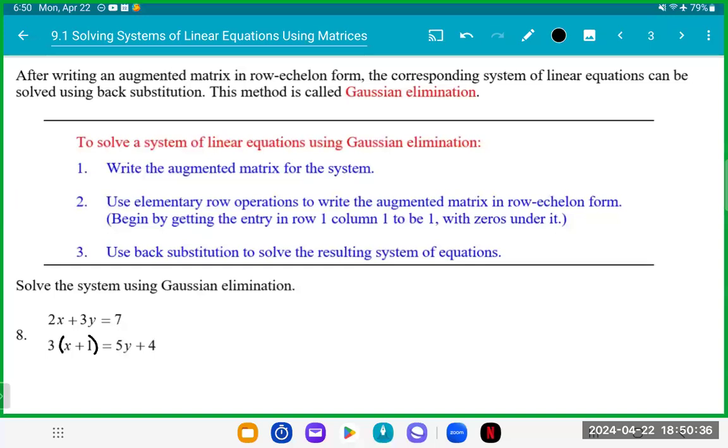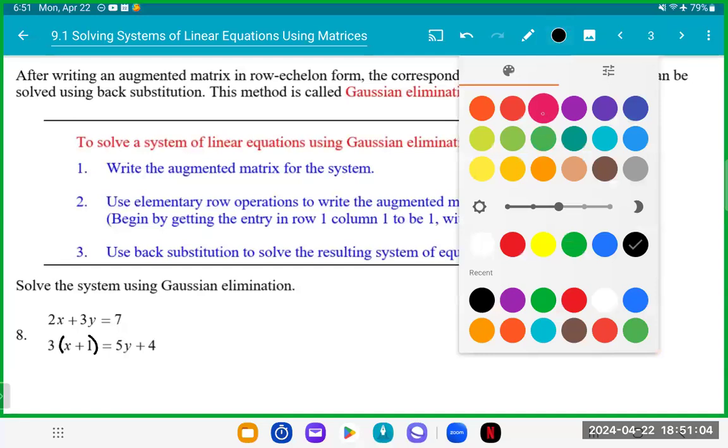Okay. So it's 3 steps, right? We're going to write our augmented matrix for the system. We're going to use our row operations to get it where we have a 1 in the first column, first row, a 1 in the second column, second row, and so forth, and then just zeros underneath it.